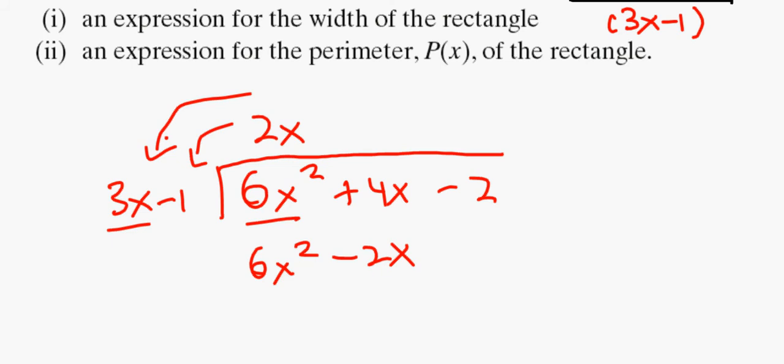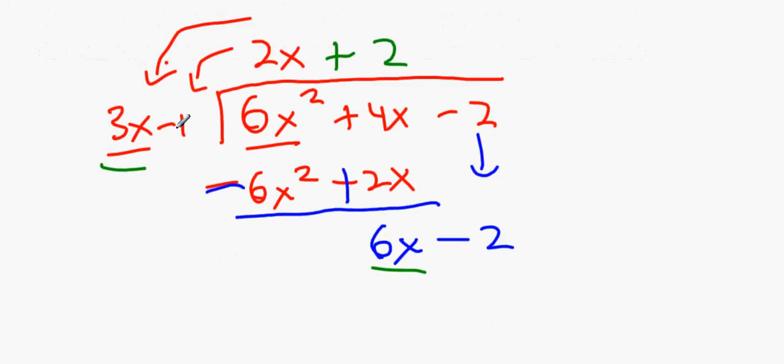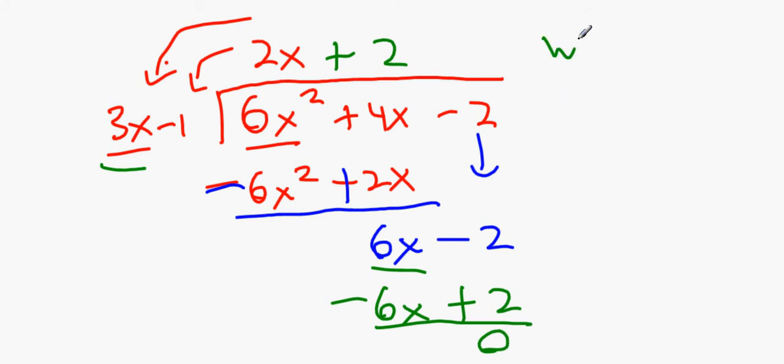Change the sign because we're taking them away. So it's going to be a minus, this one's going to be a plus. So we end up with 6x, bring the 2 down, comes a minus 2. Once again, look at the first one. 6x divided by 3x is plus 2. Okay, so what we're going to get, multiply that by plus 2, and what we get is 6x minus 2. Come in, change the signs, and we get 0. And we notice that the width therefore equals 2x plus 2. Okay, so the width equals 2x plus 2.